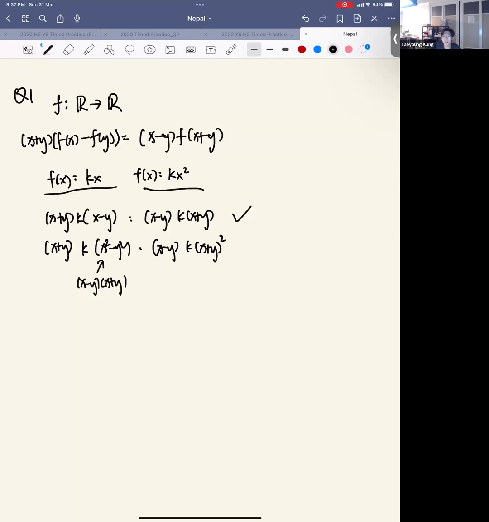But what about f(x) equals ax squared plus bx? Does this work? What do you guys think?